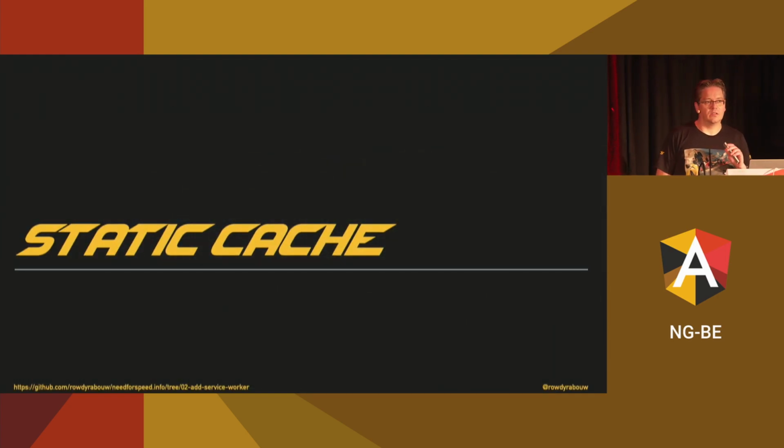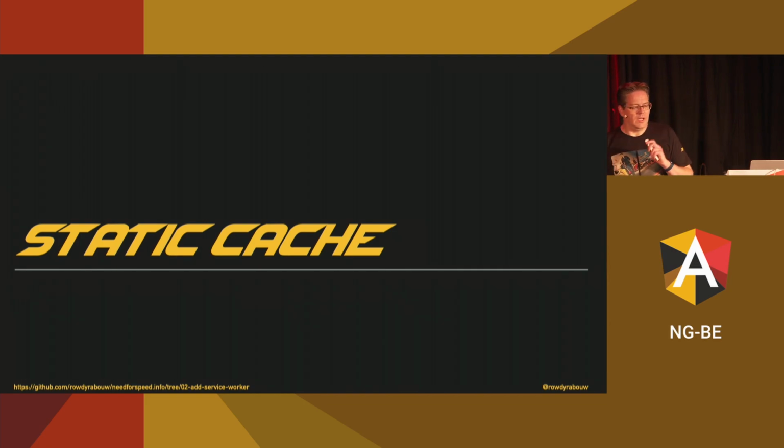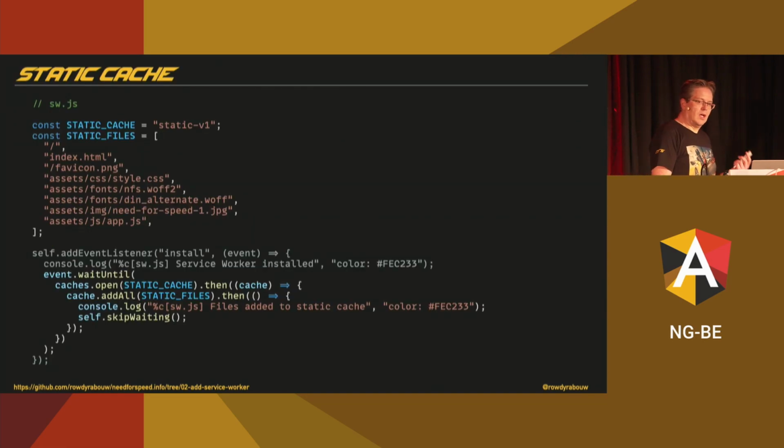Let's start caching some data. And let's start caching data that we know for sure will be needed, maybe on every page, but at least on the first page. A good practice is to give your static cache a version number. So I used static v1 here. Then I have an array of files that I for sure want to have available in my cache. In this case, the index HTML page, a favicon, and some assets like CSS, an image, and a JavaScript file.